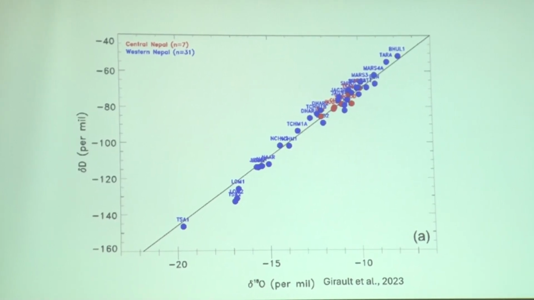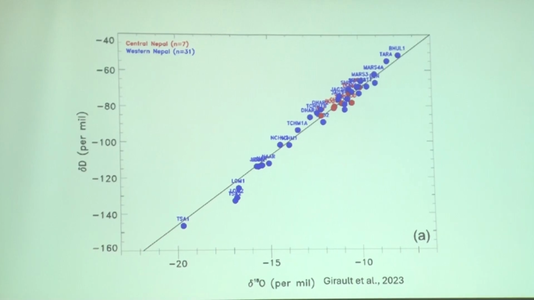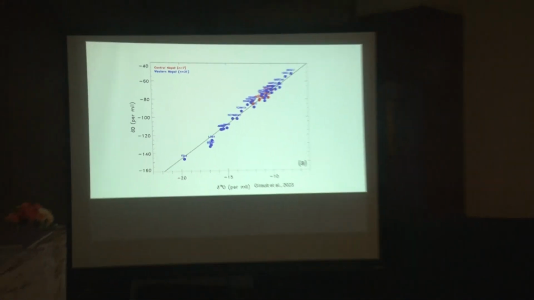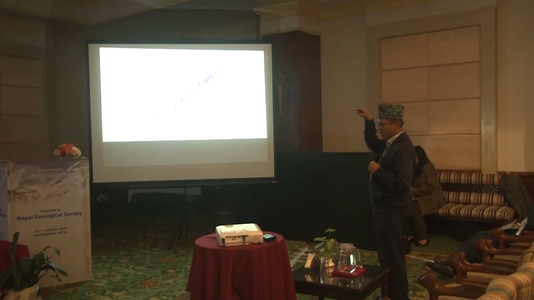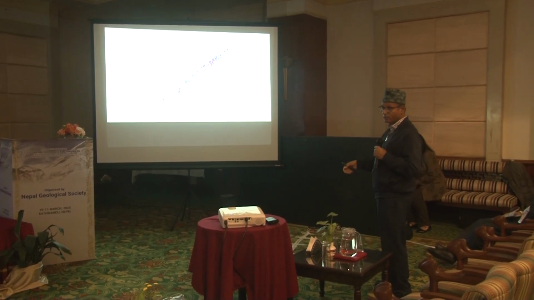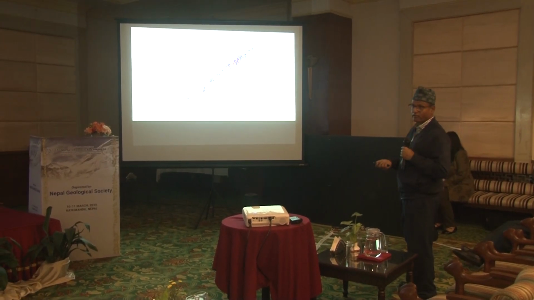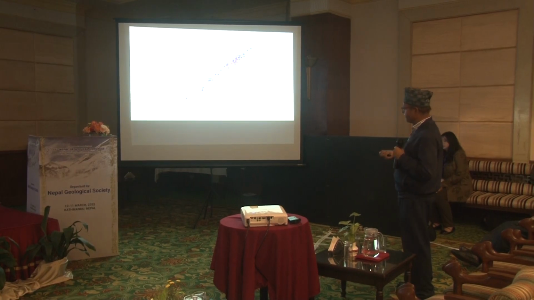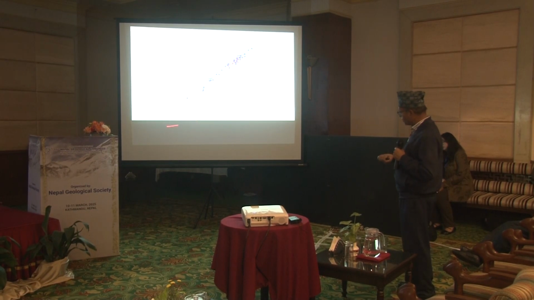So it means there is a circulation of water from the surface, which penetrates to the deeper part and emerges from the fracture area. So this reflects circulation of meteoric water.